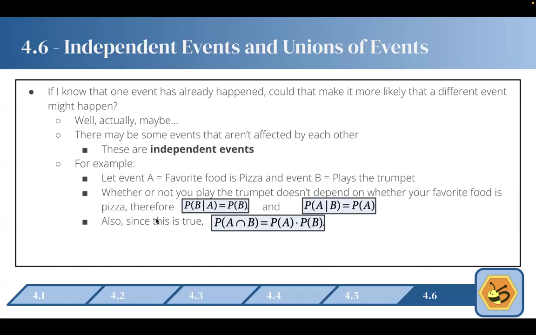Can anybody think of an example of two events that affect each other? If you go to school and pass a class, perfect. That doesn't necessarily mean that they're disjoint. Or studying and passing. For example, if you study, that doesn't mean you're not going to pass the class. It actually means you are going to pass.